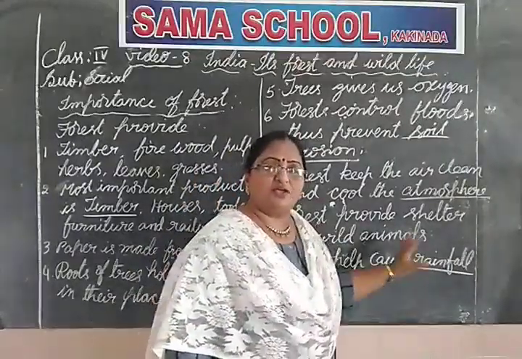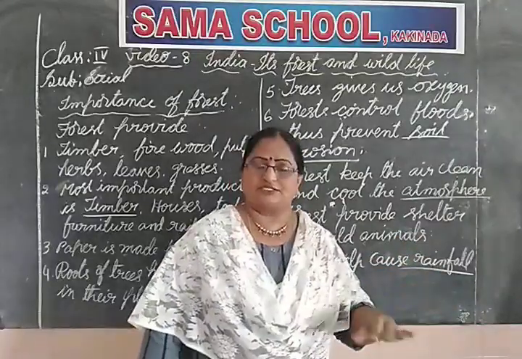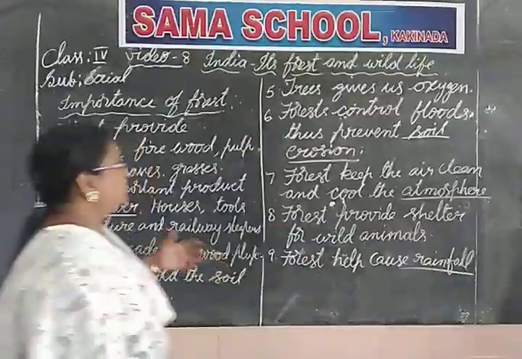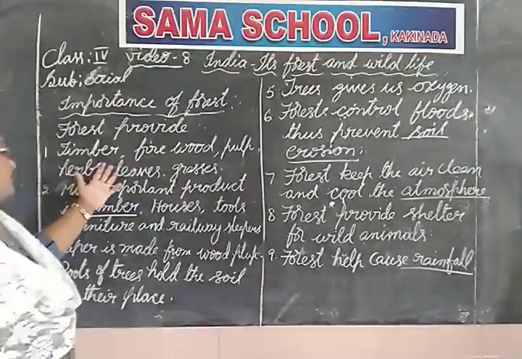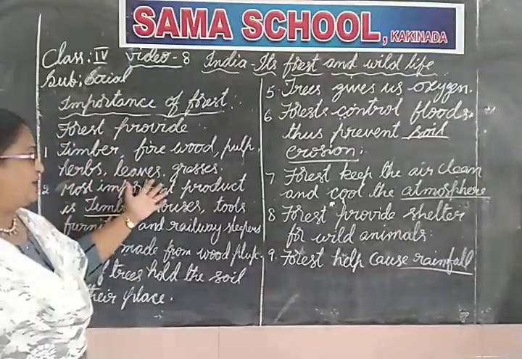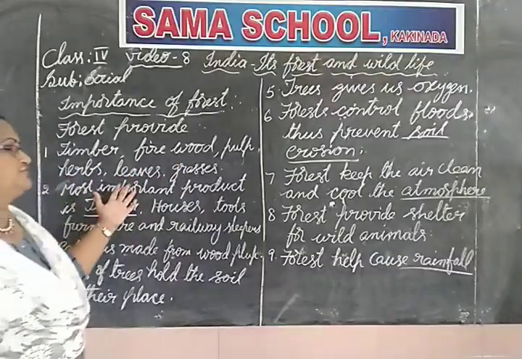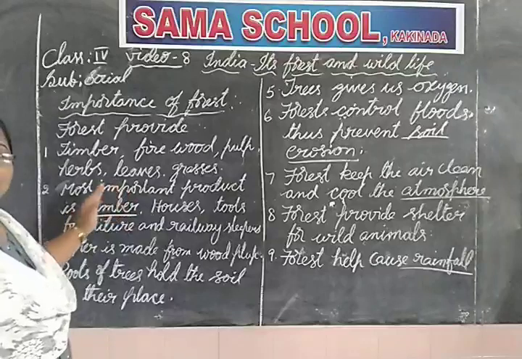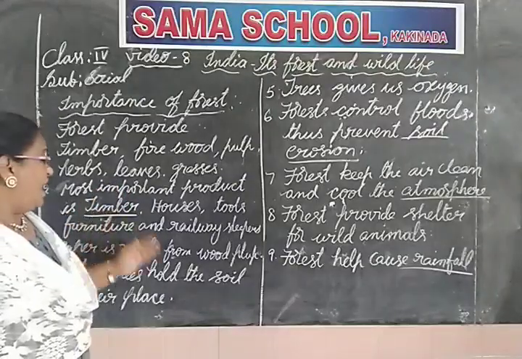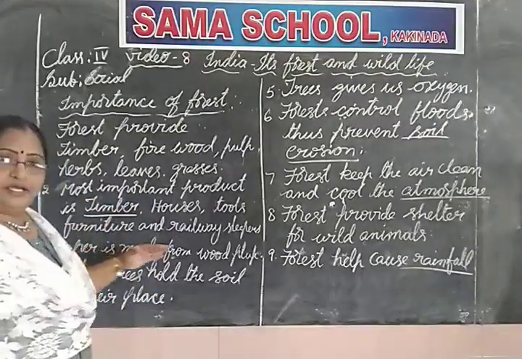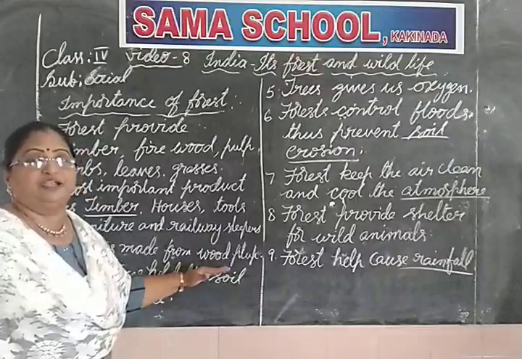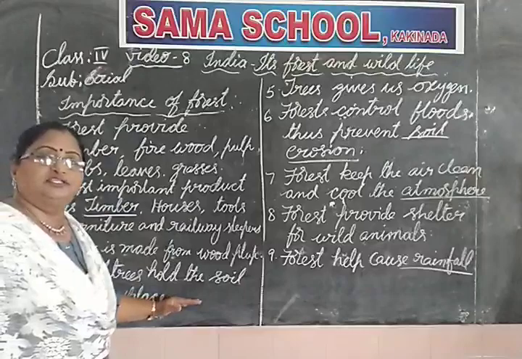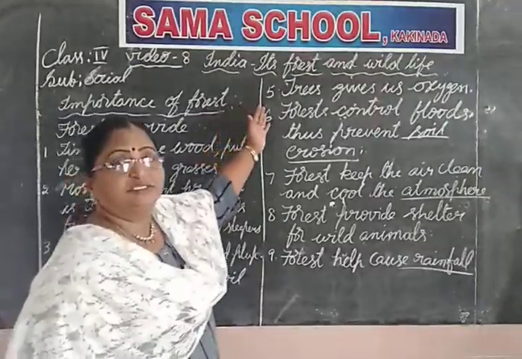Children, understand these are the importance of the forest. One more time I will repeat it. Forest provides us timber, firewood, pulp, herbs, leaves and grasses. Among all this, timber is very, very important. Paper is made with wood pulp, and roots of the trees hold the topsoil.